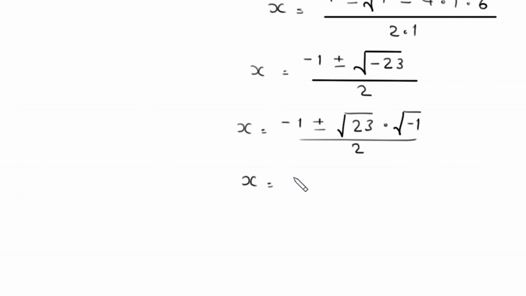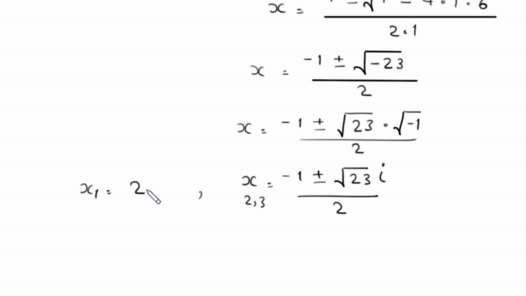And x is equal to negative 1 plus minus square root of 23 times i, divided by 2, since the square root of negative 1 is equal to i. This is the second and third value of x. And first we found the value of x1 is equal to 2. So from this method we get 3 solutions of this equation.